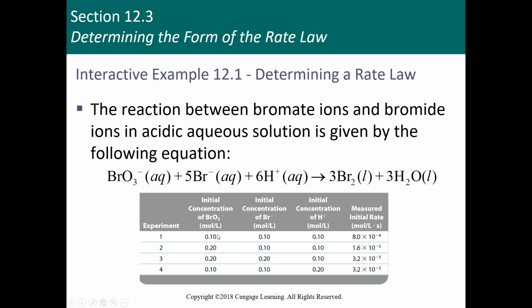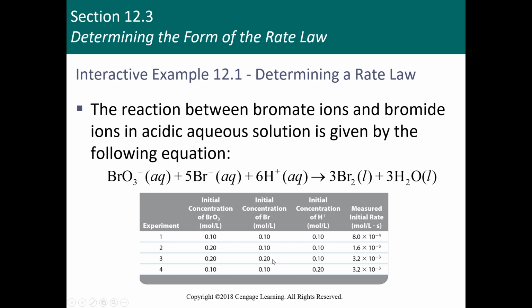Then for the other sets of data, one concentration and only one concentration should change. Typically you would double, so it's easier, or half. So in this case we see BrO3 right here has been doubled from run 1. And we see that that's the only change in concentrations.